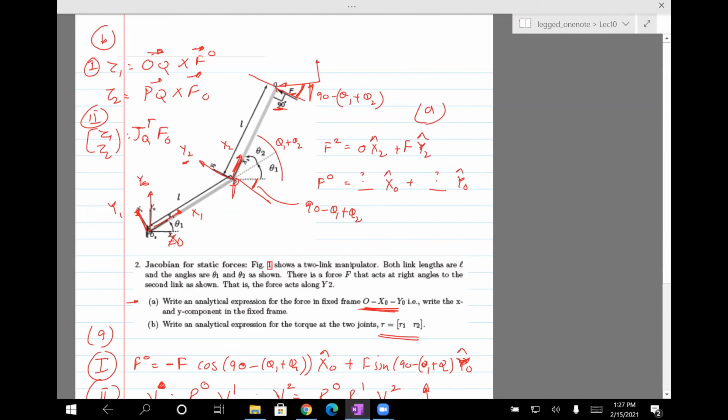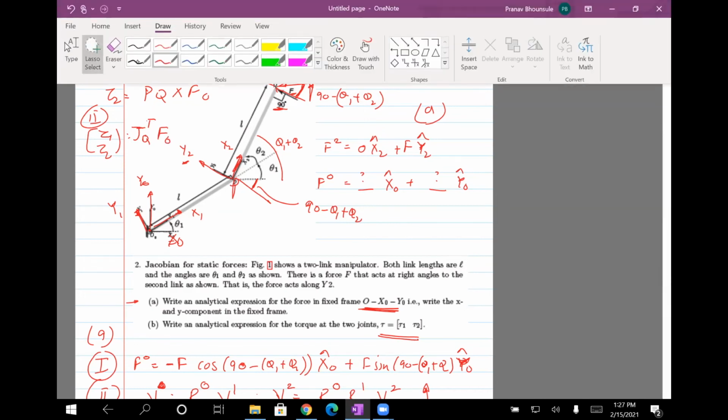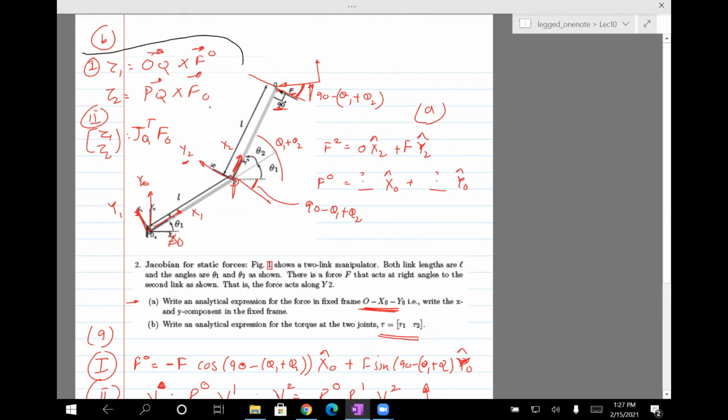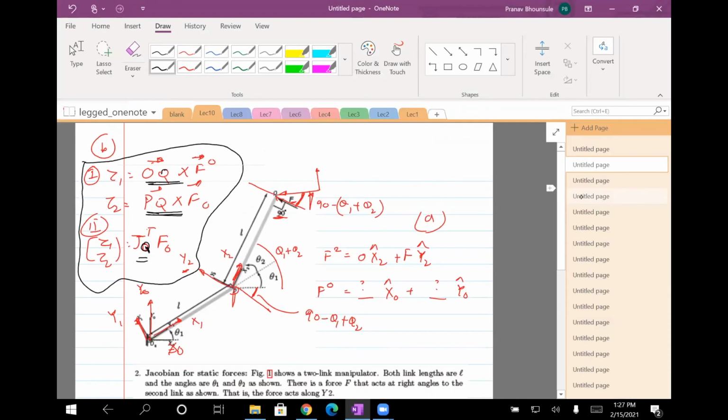The other way to think about this, and I will leave this as an exercise, is that clearly the Jacobian is giving you this part, and that's what needs to be checked. One way of doing that is, I don't know if you know this, there's a property of skew symmetric matrices.